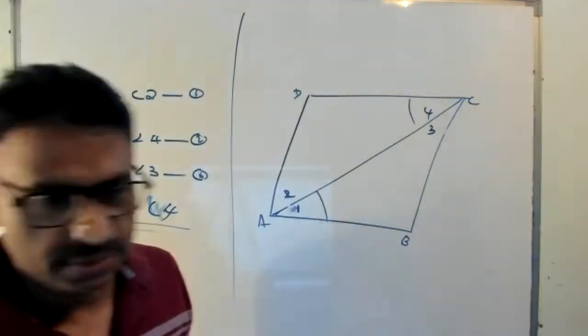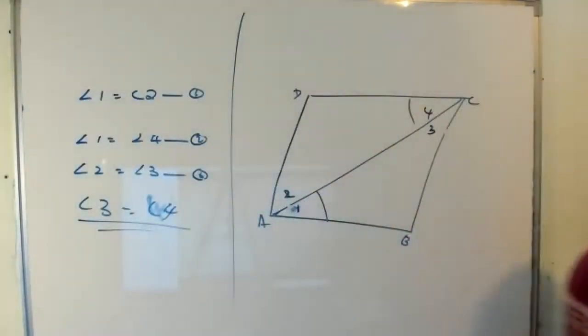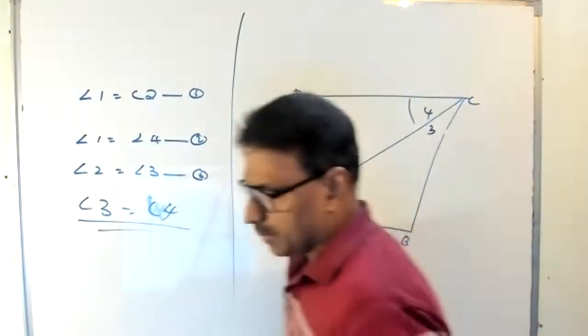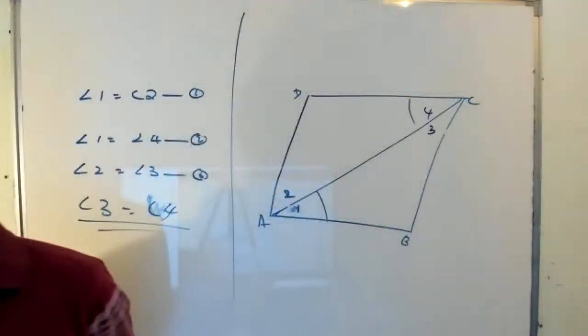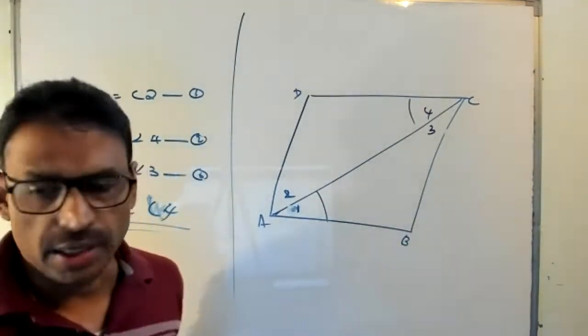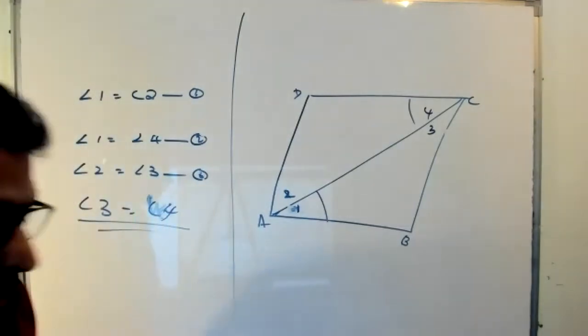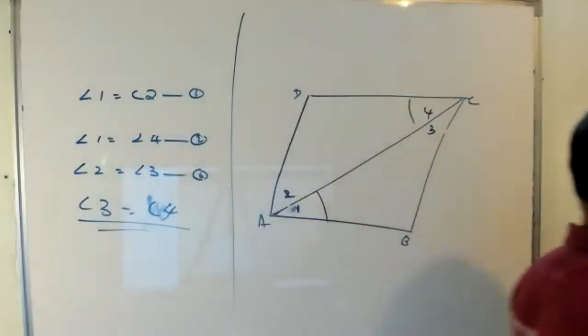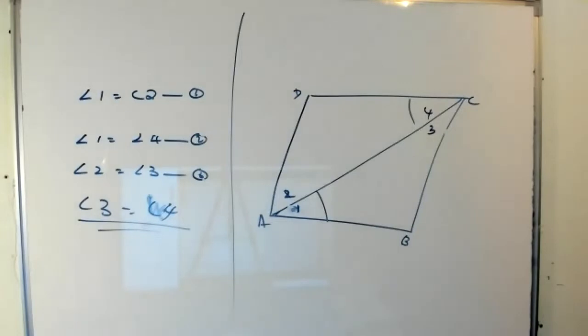Okay, write that first. You mark it 1, 2, 3, 4. Angle 1 equal to angle 2, given. Then angle 1 equal to angle 4, alternate angles.